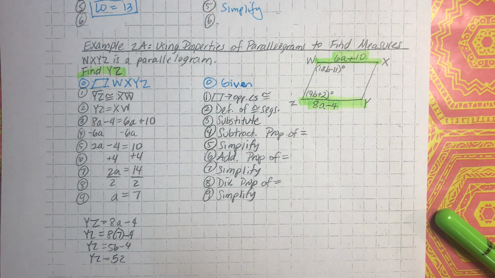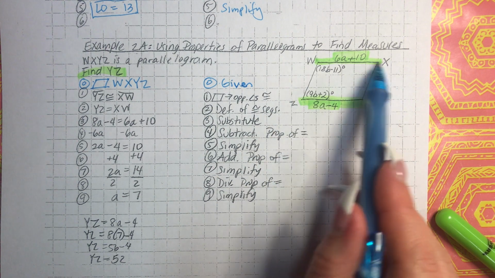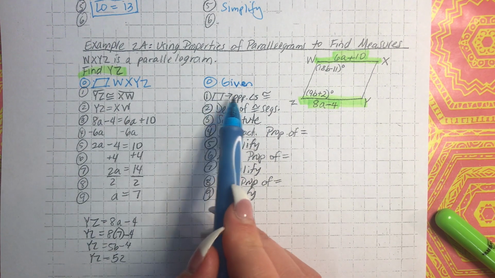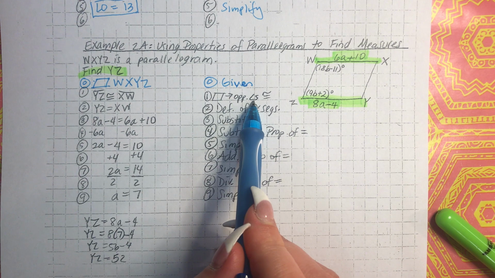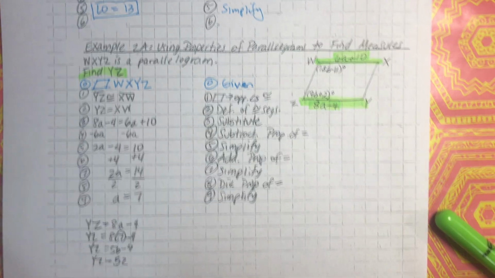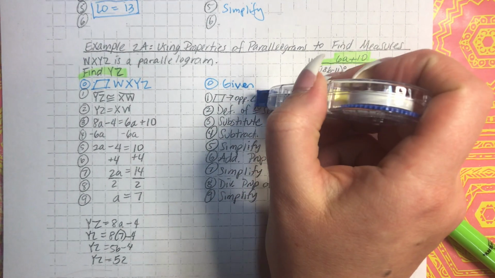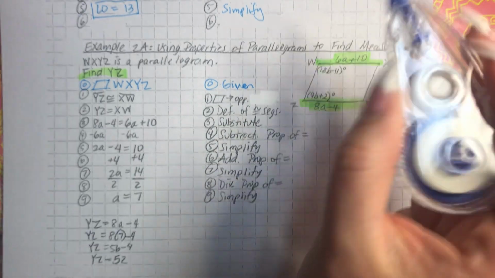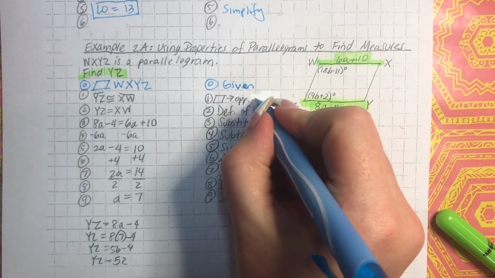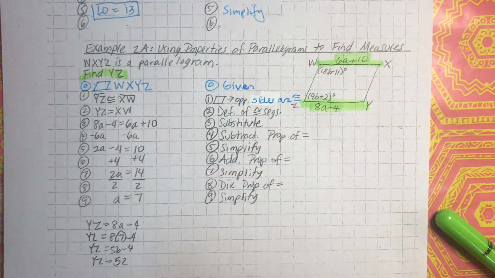Then, because of that, we can say that YZ is congruent to WX, because if it's a parallelogram, then the opposites, that says opposite angles are congruent. That is a typo. It's a typo alert. Here is my friend, right here. So you're going to have to erase this in yours as well. Okay, so the opposite sides are congruent. That's what it's supposed to say.